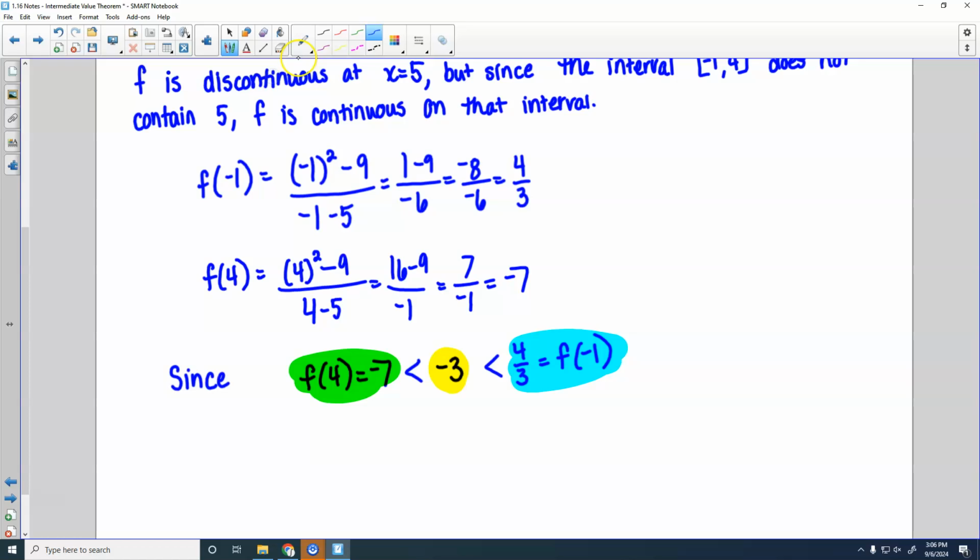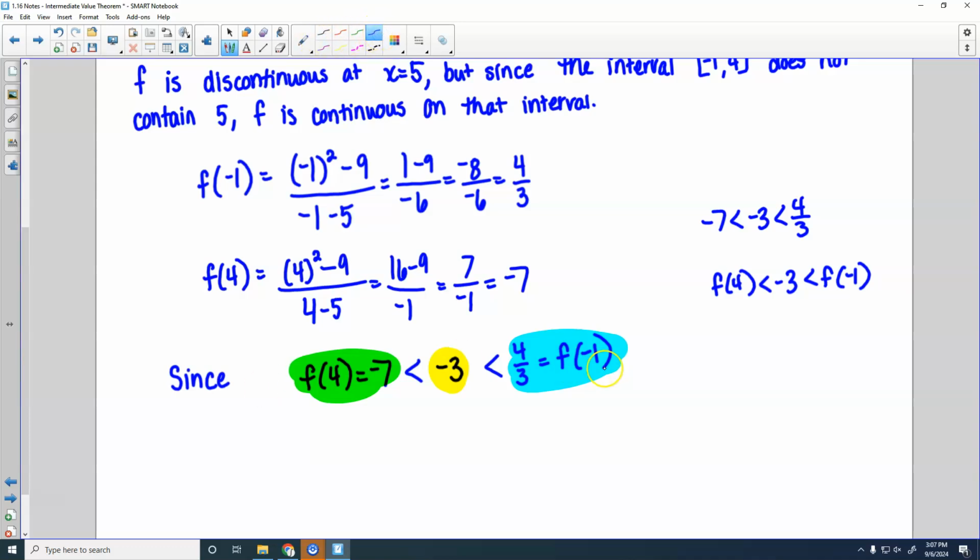You could write it either -7 less than -3 less than 4/3, or you could write it F of 4 less than -3 less than F of -1. You could do either one of those things as long as your work is shown well up here and labeled. I like to just go ahead and do this to really show my point there. But you have some options on that.